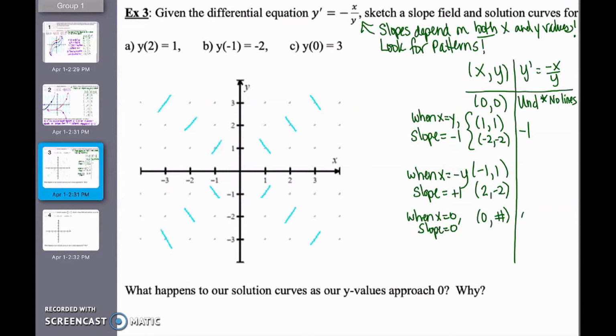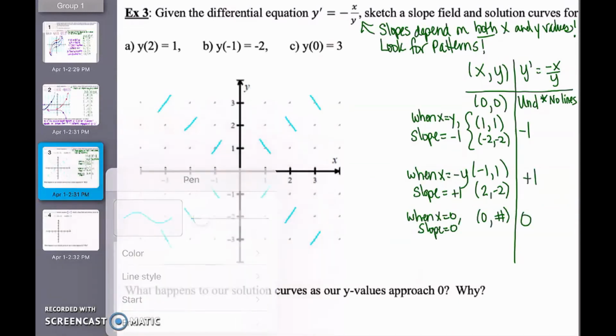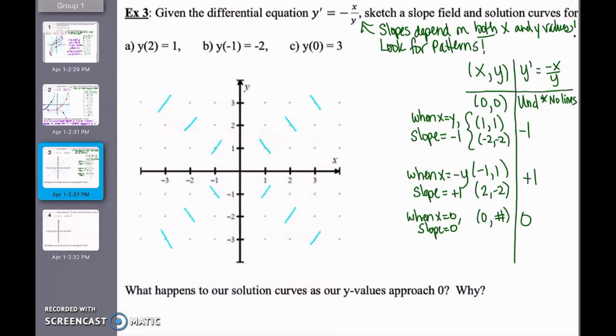So I can go ahead and sketch that in. When x is 0, my slope is 0. So I'm going to have horizontal line segments all along my y-axis except at (0, 0).